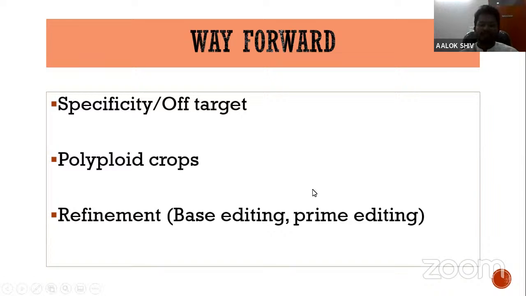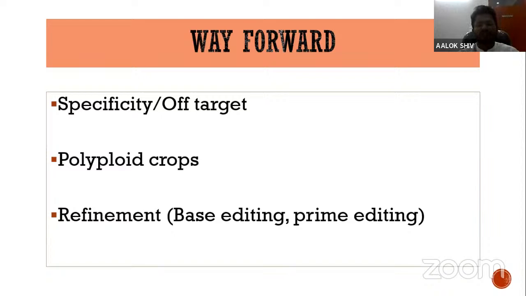We have to develop a strategy, or a combination of two systems, which are very specific. If we want to edit a particular gene and a particular nucleotide, a SNP at a particular position in the chromosome, only that SNP should be targeted.